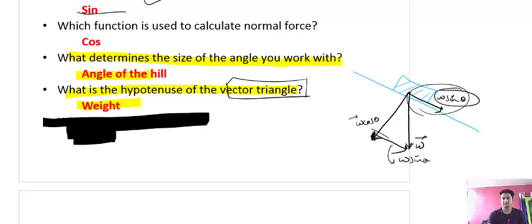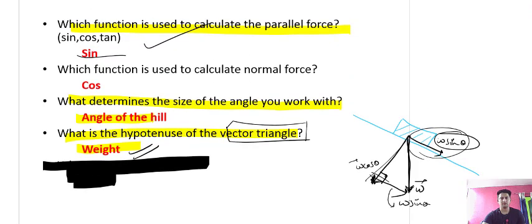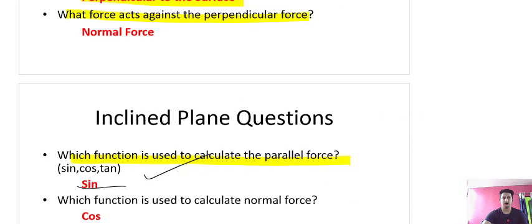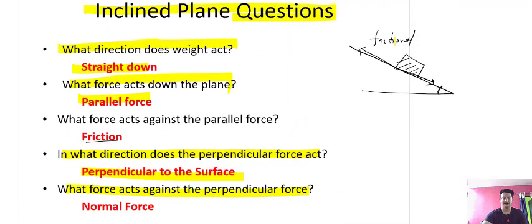This is w sin theta, this is w cos theta, and this will form the vector triangle. And here this angle is 90 degrees. So the hypotenuse of the vector triangle is given by the weight component. These are the basic questions you must remember in case of an object kept on an inclined surface.